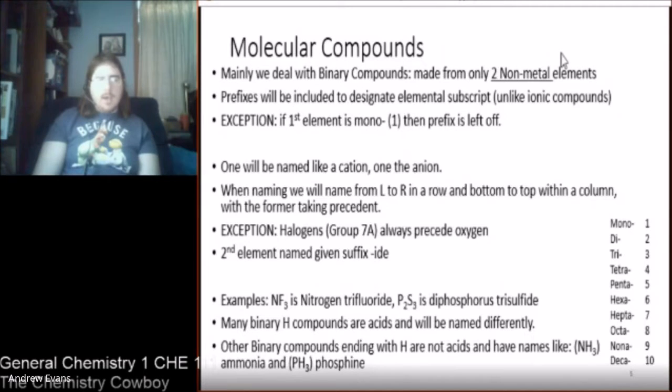Di or bi, like a bicycle. Tri, tricycle. Penta, the pentagon has 5 sides. Hexagon, octagon are stop signs. Decagon, decade, 10. So we're going to use those to say what subscript we have.